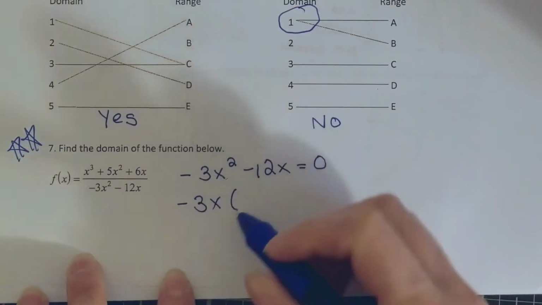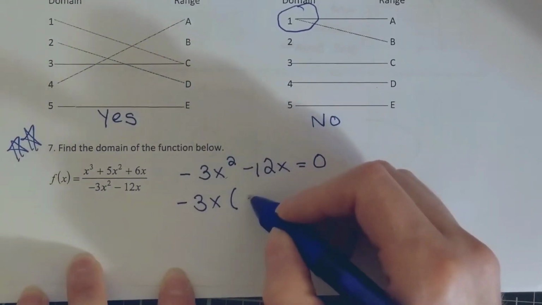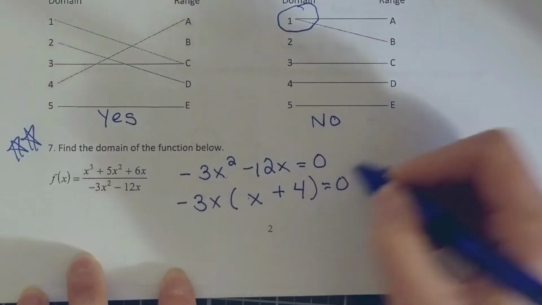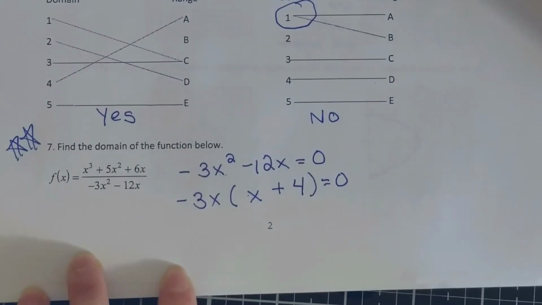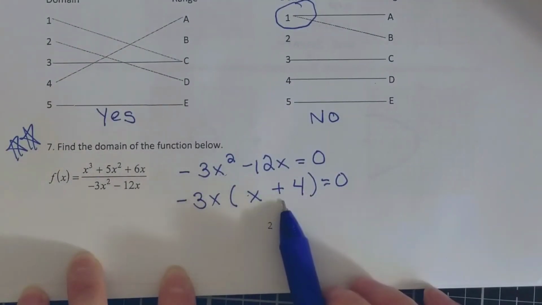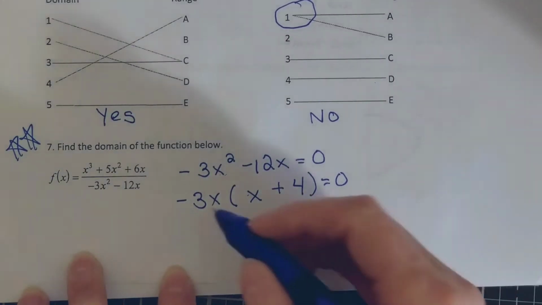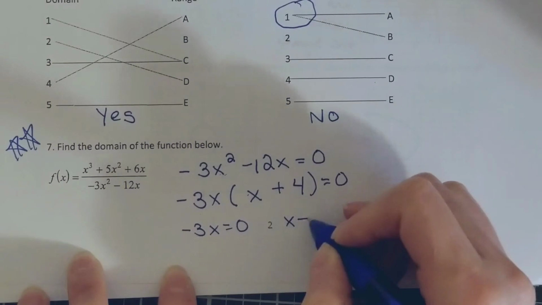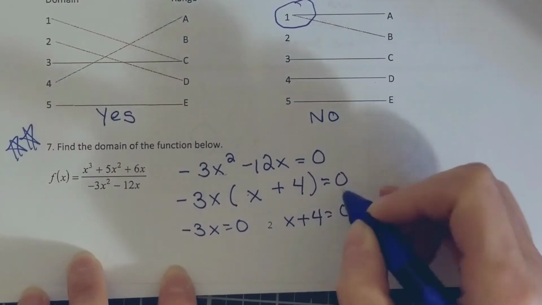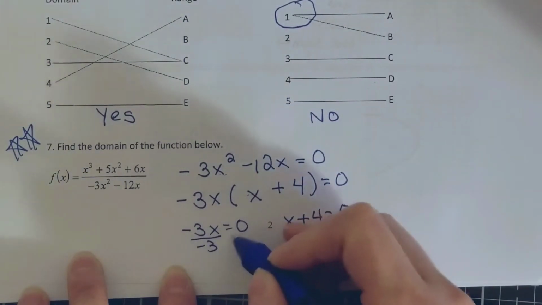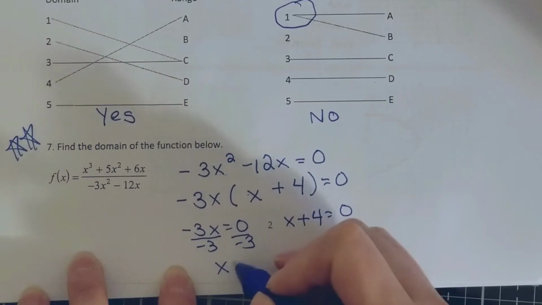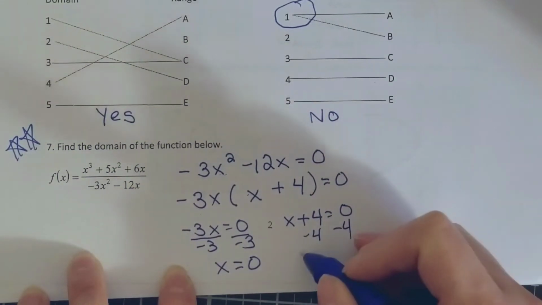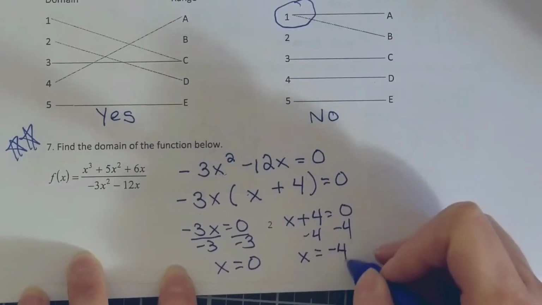So we'll take out a negative 3x, and I'm left with x plus 4 equals 0. So then you want to set each piece equal to 0. So negative 3x equals 0 and x plus 4 equals 0. Divide by negative 3, and I get x equals 0. Subtract 4 on both sides, x equals negative 4.